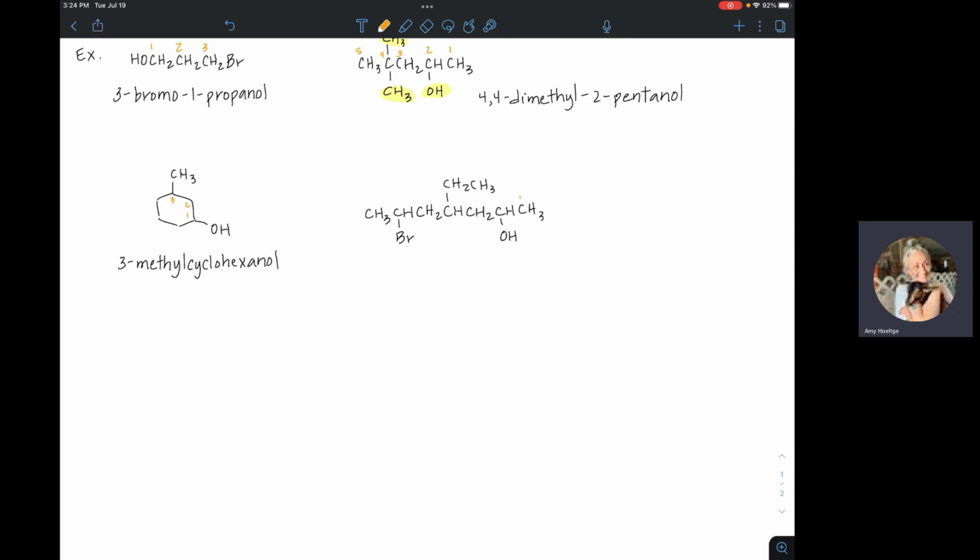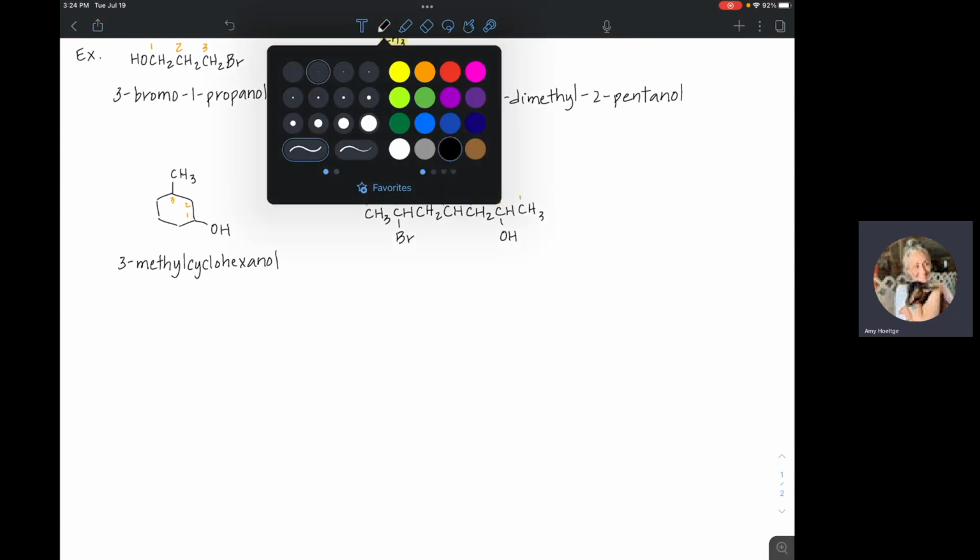So we've got 1, 2, 3, 4. Now I could go up into that ethyl group and go 5, 6, or I could keep going to the left because I got an extra carbon. That's my longest continuous chain. So 5, 6, 7, right? So that would have been heptane, but it is now heptanol.